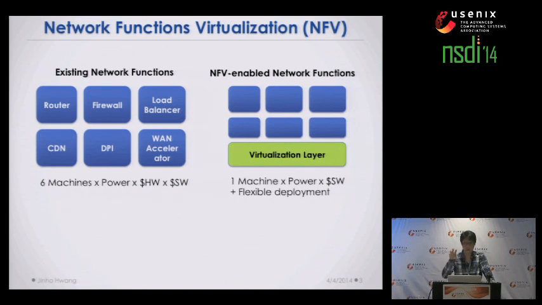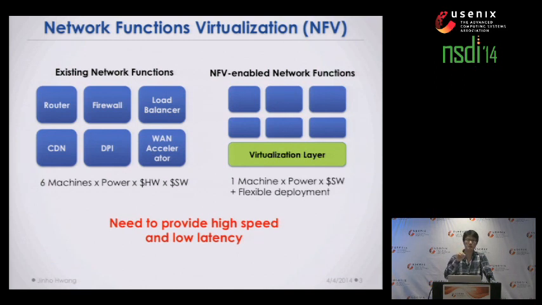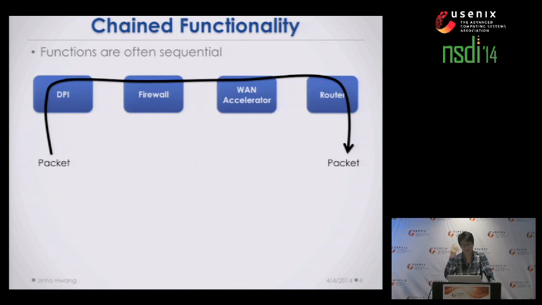So we have these very good systems, but still we have limitations in performance, right? We have to provide very good performance for these network functions in order to process packets in a fast way. So we have to overcome that. If we look at each of these functions independently, they run independently. But if we figure out how they are related in terms of processing packets, they always process packets sequentially in the network.